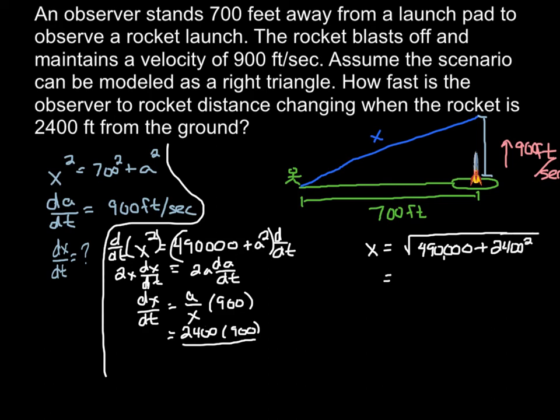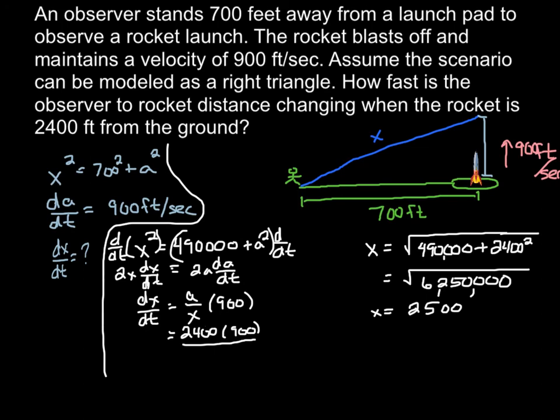So whatever that turns out to be, which is 6,250,000, take the square root of that, we get 2,500.